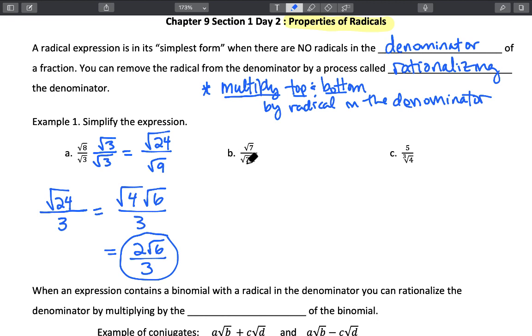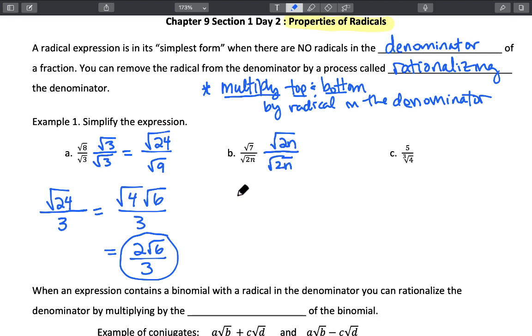All right, let's try example B. We've got the square root of 7 divided by the square root of 2n. I'm going to multiply to get my square root of 2n out of that denominator. And the way I'm going to do that is I'm going to multiply both the top and the bottom by the square root of 2n. So when I square 2n, I'm going to end up with 4n squared.